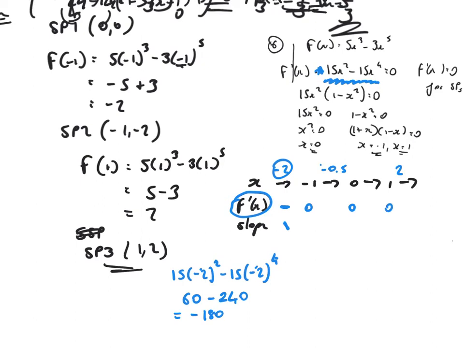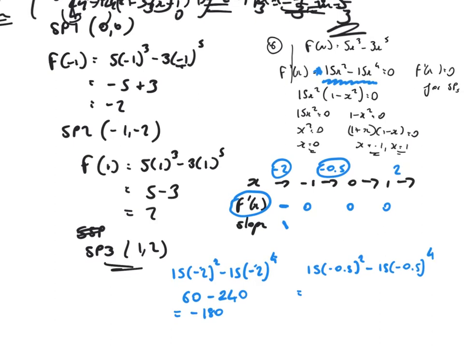Let's now investigate what's happening at minus 0.5. So it's going to be 15 lots of minus 0.5 squared minus 15 lots of minus 0.5 to the power 4. I think you'd get a calculator for that one, so enter that in the calculator. Okay, so that will be 15 lots of 1/4 minus 15 lots of 1/16. So 15 over 4 minus 15 over 16.